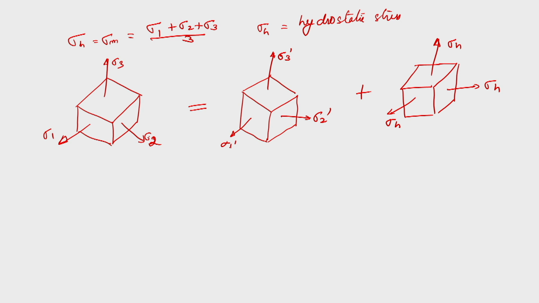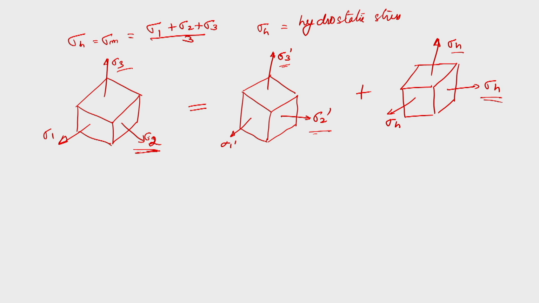So, along sigma 1, the principal stress sigma 1 is the sum of a deviatoric stress sigma 1 dash plus the hydrostatic component. Similarly, sigma 2 is equal to sigma 2 dash plus the hydrostatic component, and sigma 3 is the deviatoric stress along direction 3 plus the hydrostatic stress. So, along the three mutually perpendicular directions you are getting it.